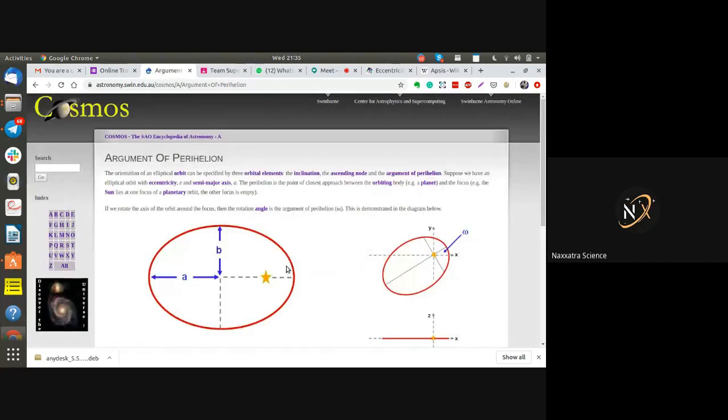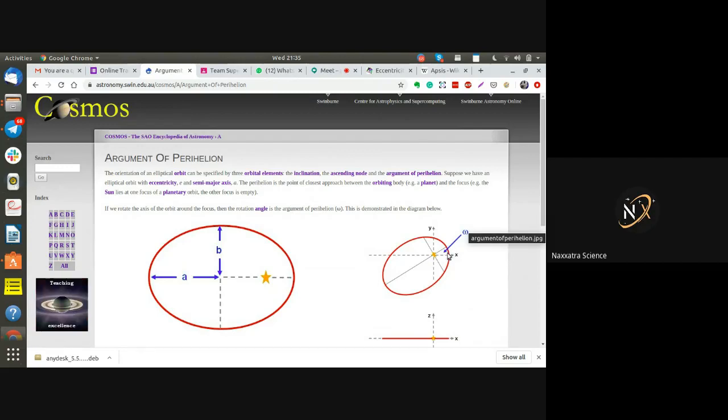So what is the argument of perihelion? I think the top view here is a better approach to it. Now you've defined the inclination. You've defined the point of intersection called the ascending node. But what about the tilt of this entire plane with respect to the focus, right? This ellipse could have also been pretty much in the same plane. Remember, now I'm talking about the same plane, but then the angle could change.